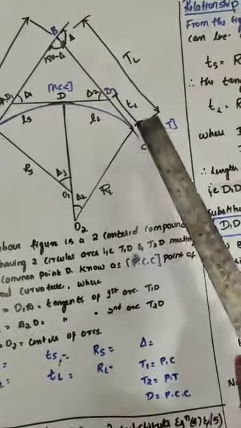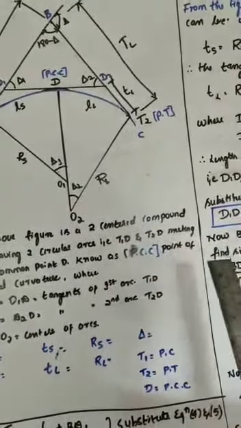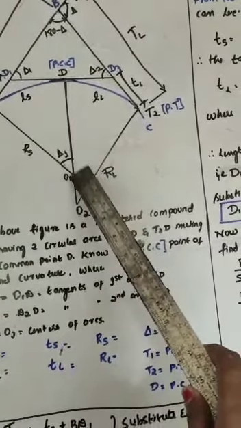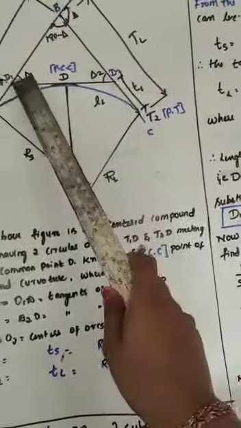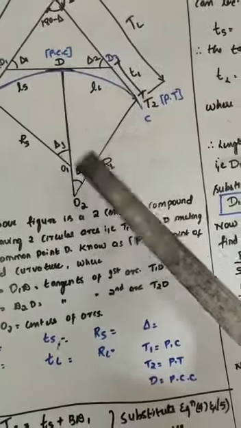So the definition of the compound curve is it consists of two simple curves, which have two different radii, but the point of curvature is in the line of this common tangent itself. That means it is lying on the same side.